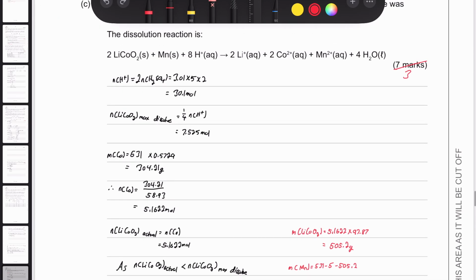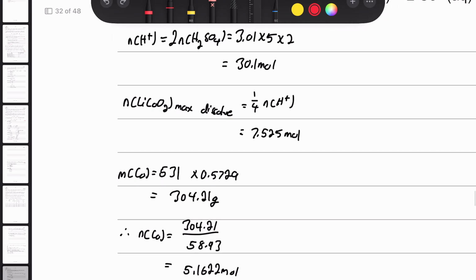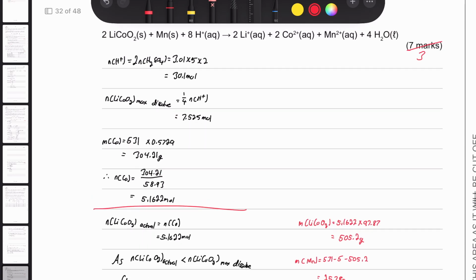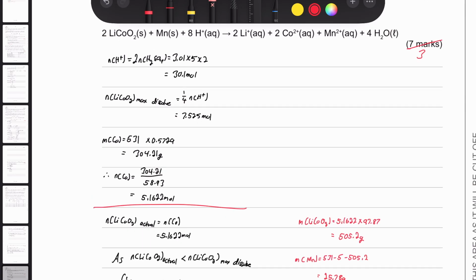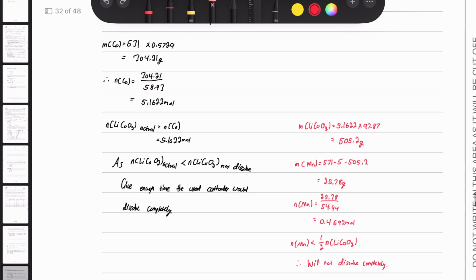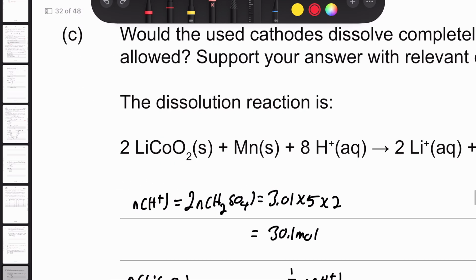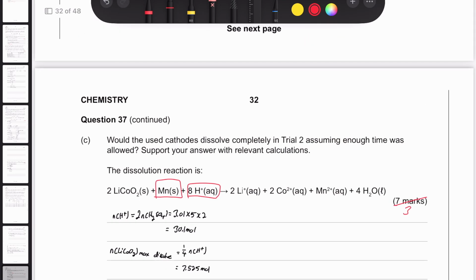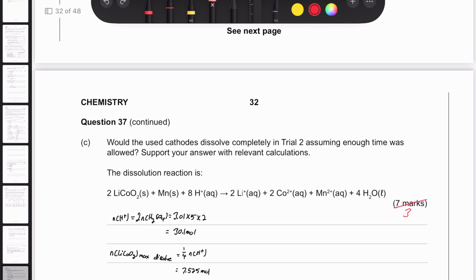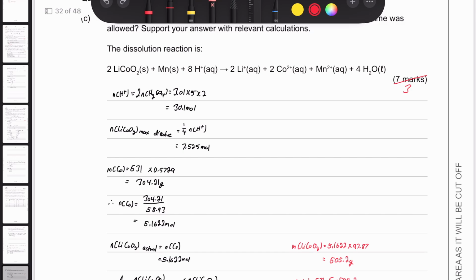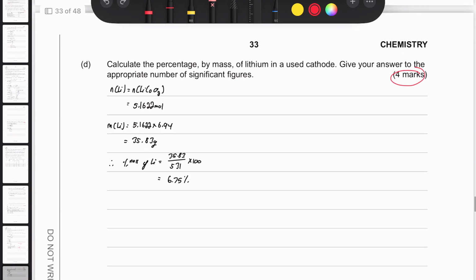So I went the H plus route, so I got the marks up to my number of cobalts. But then everything below that was wrong. So it wasn't limiting reactants of this, it was limiting reactants of this, which is a bit odd because how am I supposed to know which one it's supposed to be? So then going down, this was fine.